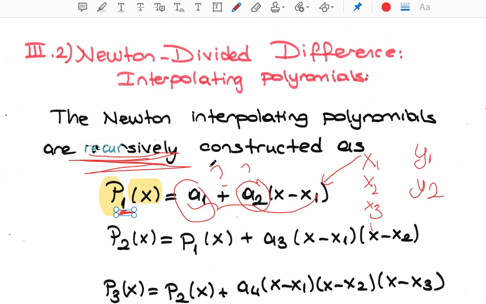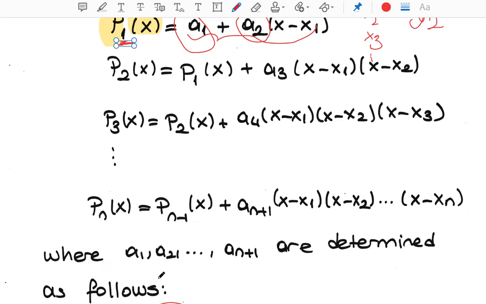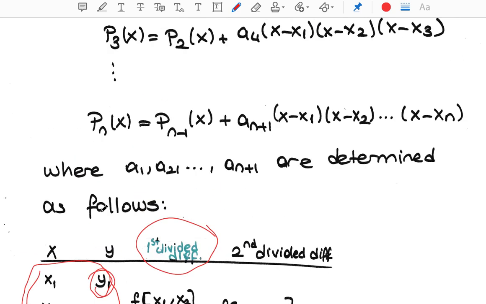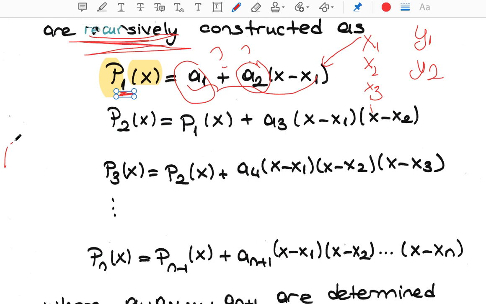You can describe some expression here. When you are writing x1, this gives rise to a1 itself. So a1 becomes your y1, for instance, okay? Because when you are substituting x1 into p1, p1 x1 will become what? It gives you a1 from your relation.